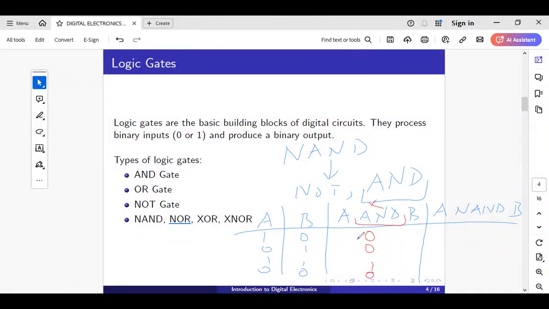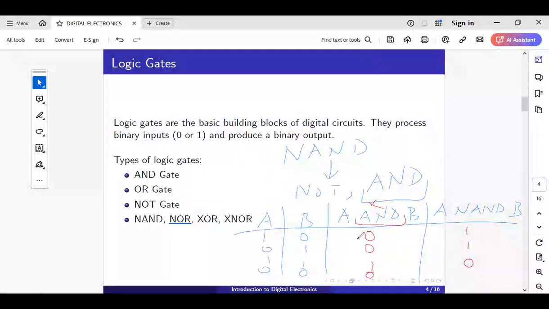Now tell me what is in the last column. The first one is 1. Then the next one is 1. Then the next one is 0.